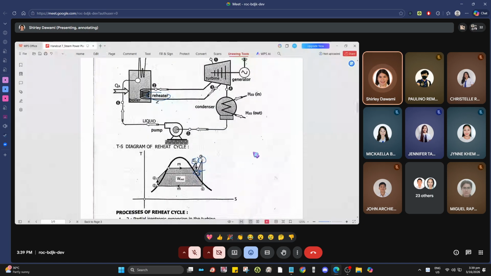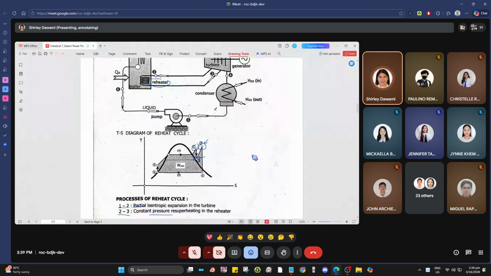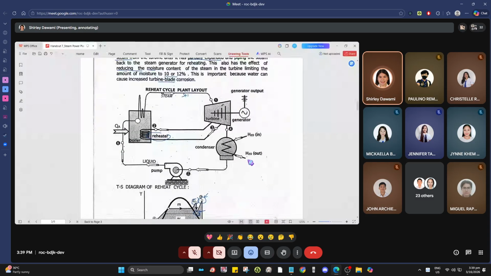Upon entering the turbine again at point 3, it will undergo complete isentropic expansion in the turbine. Okay? So the same, going out from 3 to 4, it exits as a wet steam.